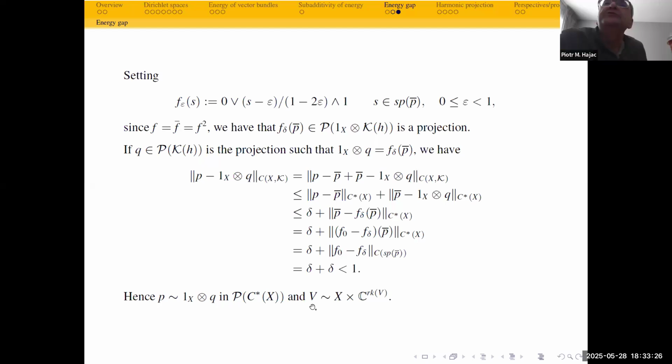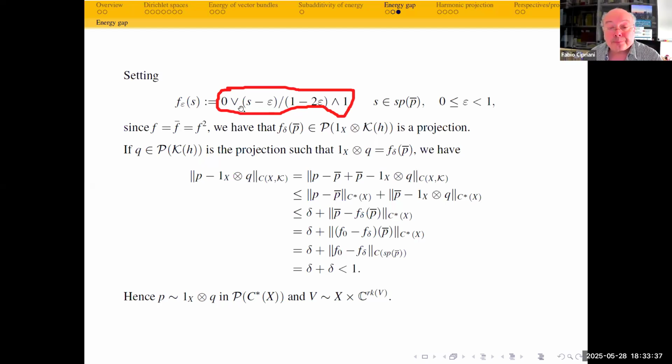Sorry, Fabio, could you please remind me the meaning of this notation? Here we have these wedges. What's the meaning of this notation here? This means the function which has the value 0 when s is less than epsilon. This is the maximum and this is the infimum. And so the bar is the quotient between them, and we take the maximum between 0 and this ratio.